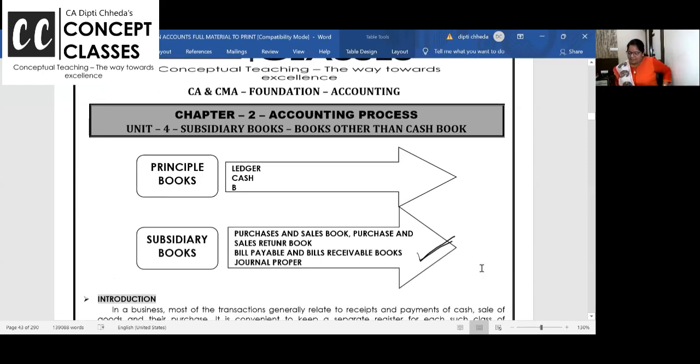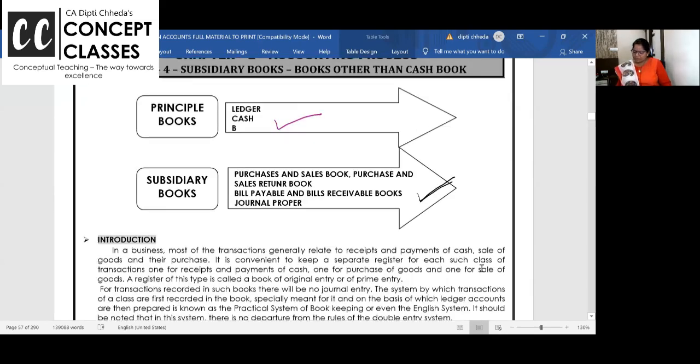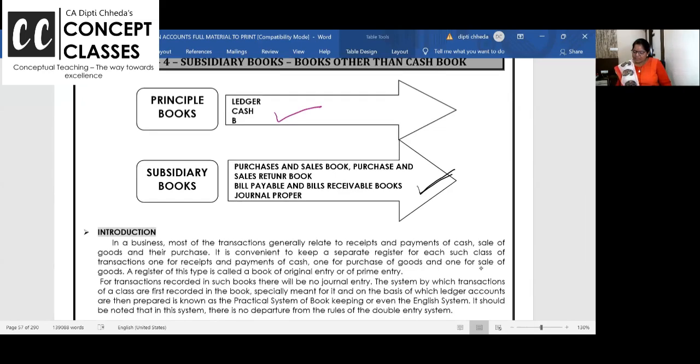Now, what do you mean by the subsidiary books? What are the principal books? Cash book and ledger. They are the principal books. What are the subsidiary books? Subsidiary books means, listen, if you write all the journal entries in one journal, how bulky that journal will become?